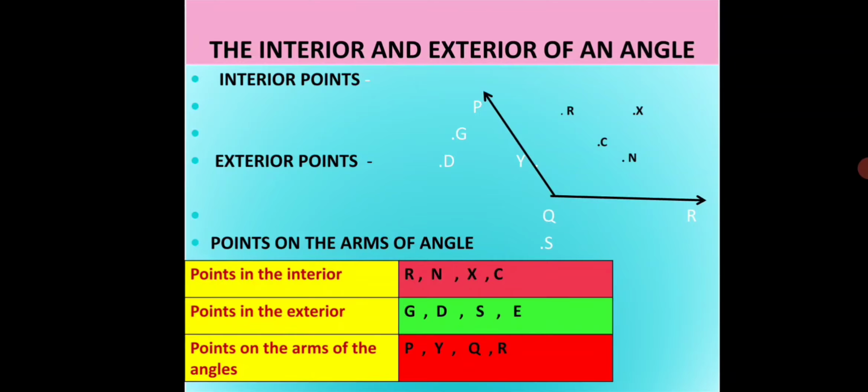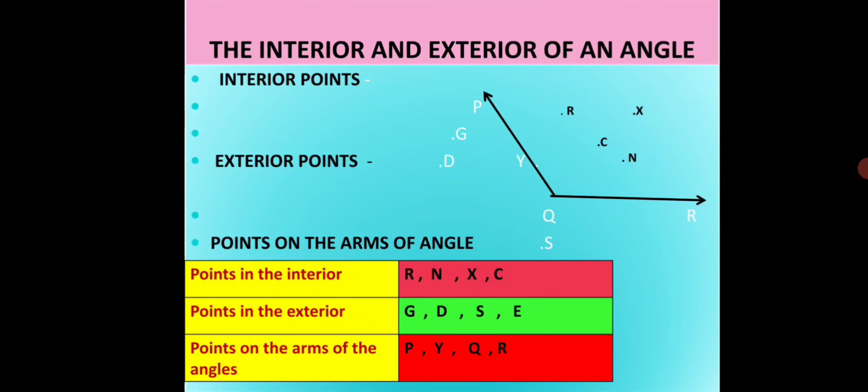Some points are present on the arms of the angle. Those points are point P, point Y, point Q and point R. So in this way, students, we can classify the points as interior points, exterior points and the points present on the arms of the angle.